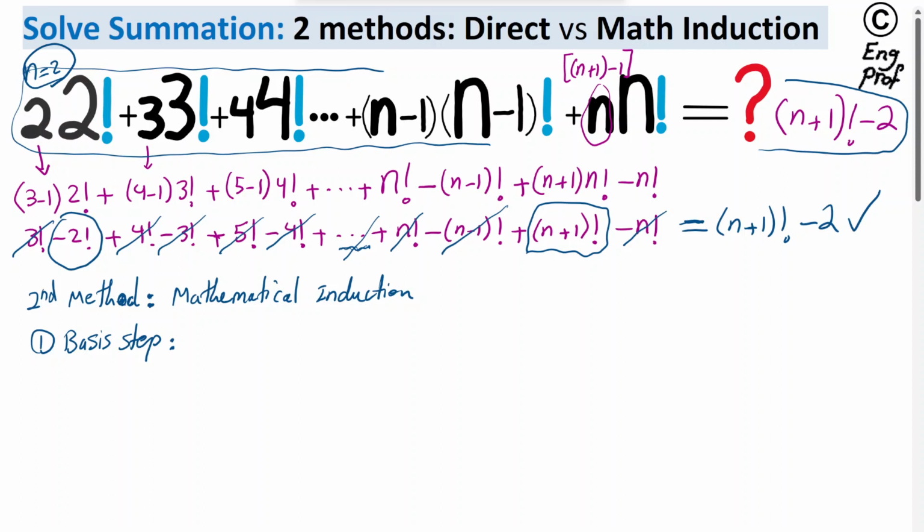So in this problem, the first term is 2 factorial. So we are starting with n equal to 2. So the basis point, or b, is equal to 2, the starting point.